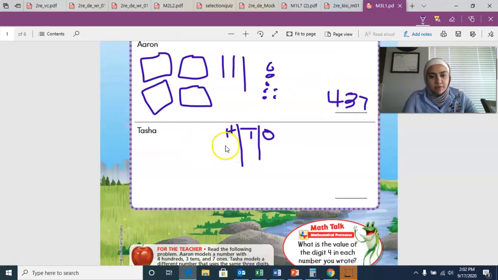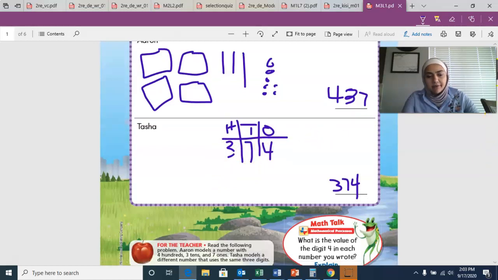So I'm going to choose 3 first, 7 next, and 4 last. I use the same digits, but I mix them all up. Now the number is 374. And I could have switched it up in a different way, but I just chose to switch it up this way. I could have switched it up by saying 437 or 473. Either way would have been okay.